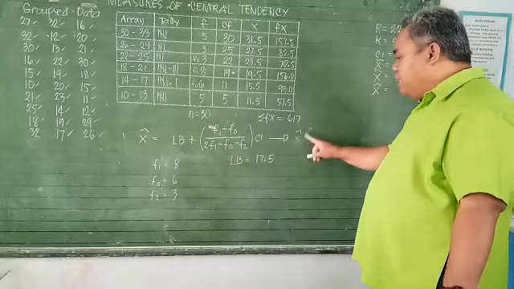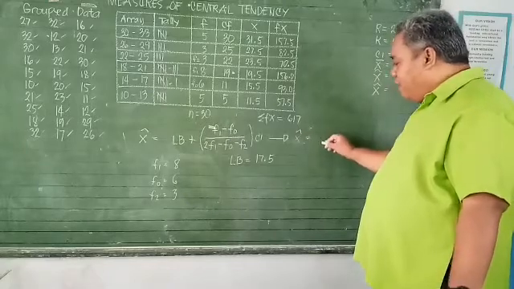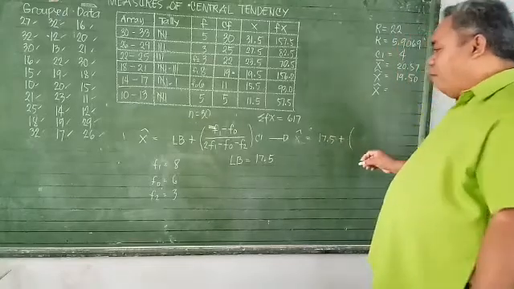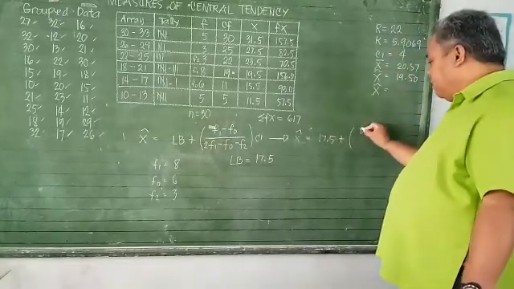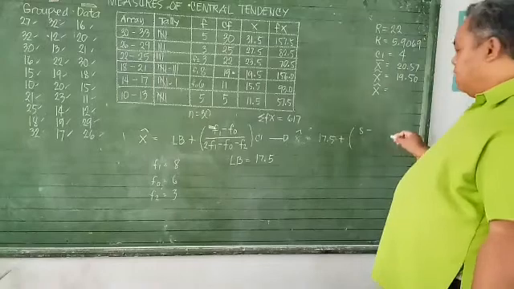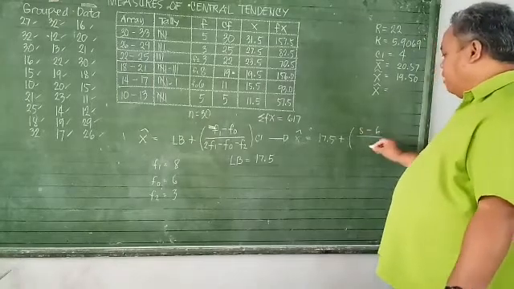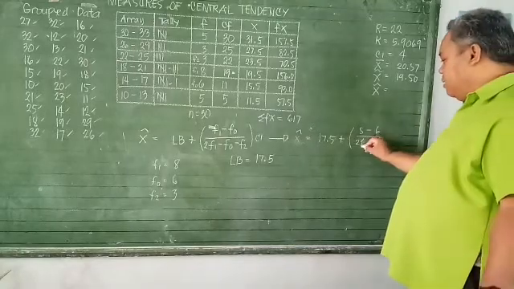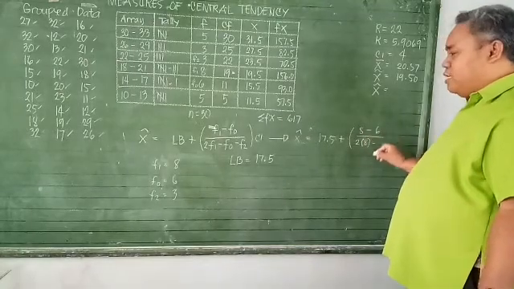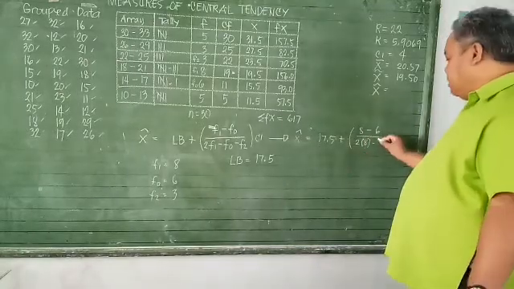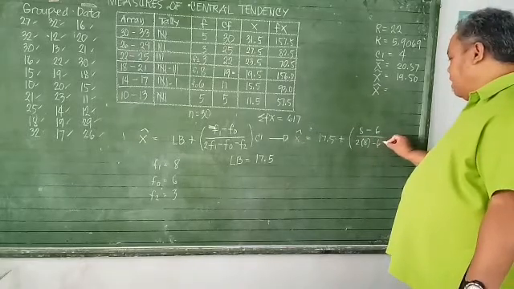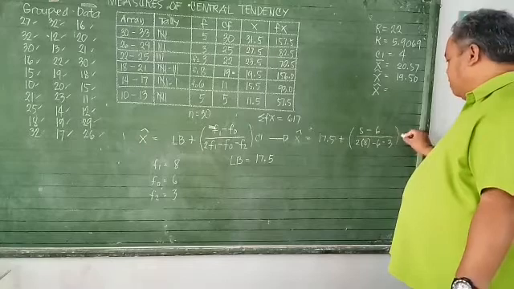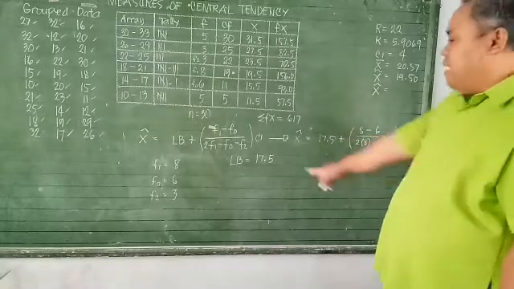So mode or x hat, our LB is 17.5 plus our f sub 1 is 8 and our f sub 0 is 6, divided by 2 times f sub 1, which is 8, minus f sub 0, which is 6, and f sub 2 is 3, minus 3. And your CI, of course, that is 4. Okay, so may CI dyan.